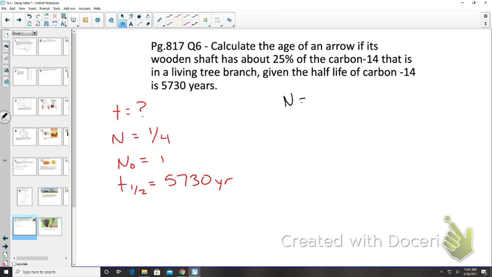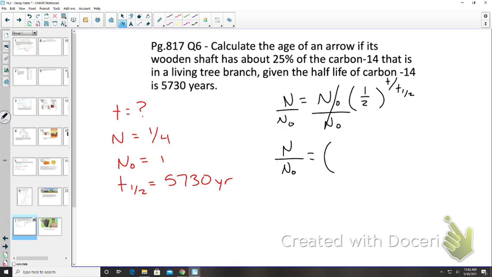So we're going to use our half-life formula. N is equal to N naught multiplied by 1/2 to the T divided by your half-life. Let's get N and N naught to one side. So N over N naught is equal to 1/2 to the T divided by T half. Let's say N is equal to T divided by your half-life.